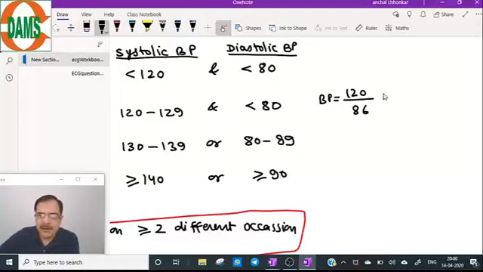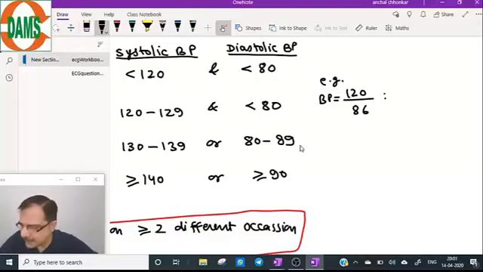Which classification will you put this patient into? We take the average of all these readings. Will it be elevated BP, stage 1 or stage 2? The answer is that this is an example of stage 1.